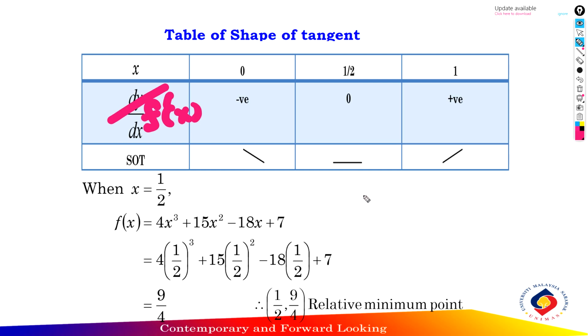Okay, and then when x equals 1 over 2, you substitute into the cubic function f(x), so the value of y equals 9 over 4. Yeah, and (1 over 2, 9 over 4) is the relative minimum point.